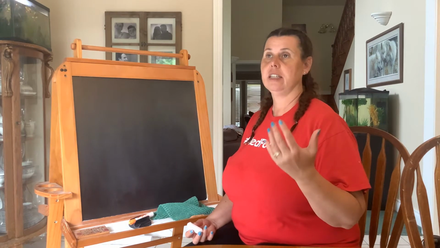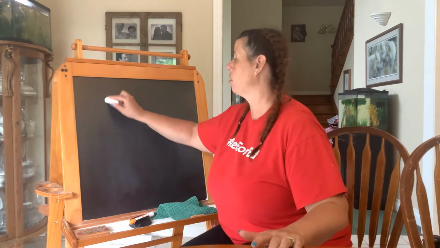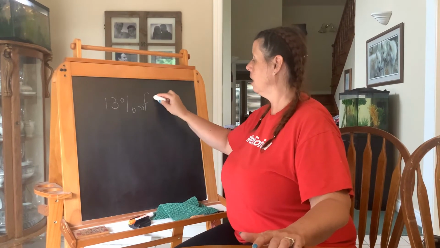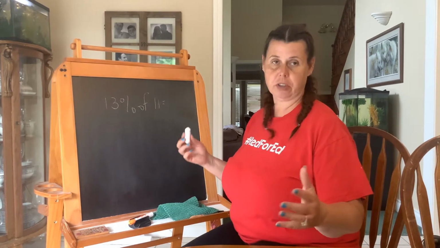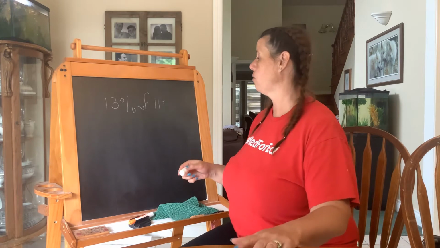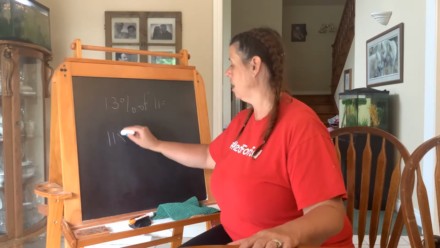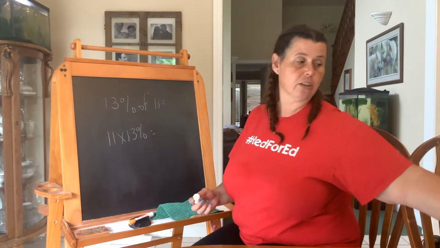Remember that when you're finding a percent, so if it asks you what 13% of 11 is, we can do a couple of things. The easiest way is for you in your calculator to go 11 times 13%, and that'll tell you what it is.